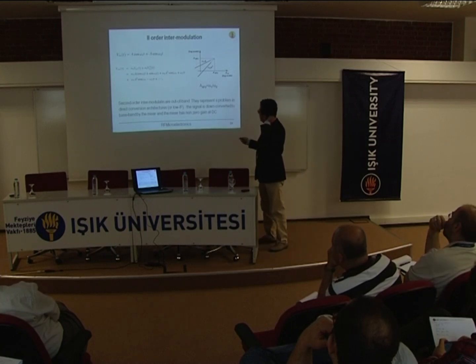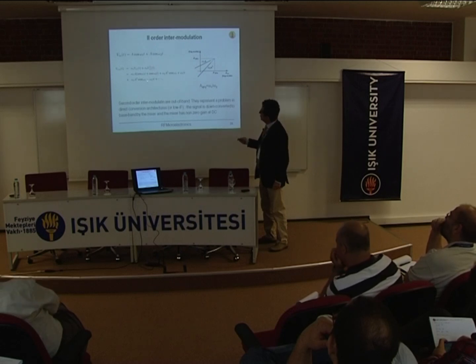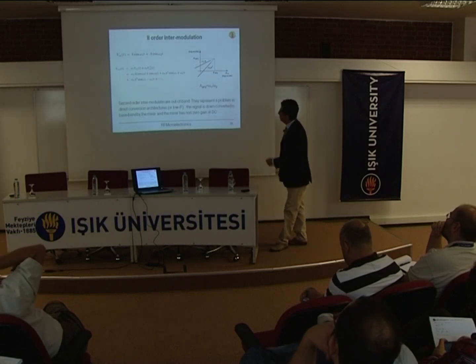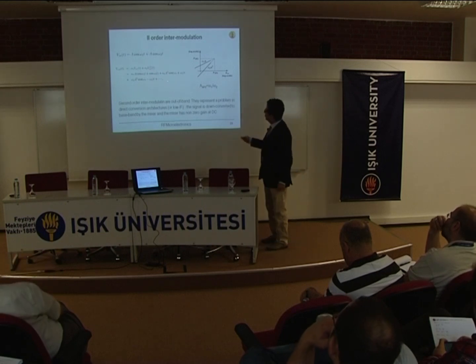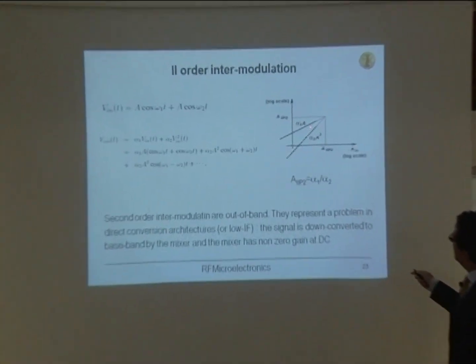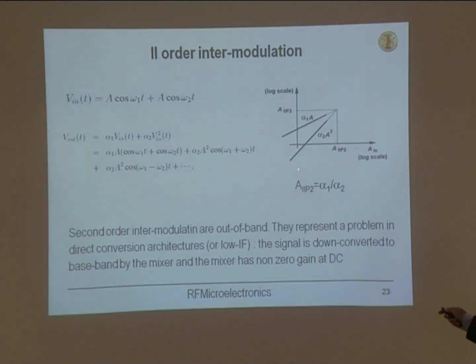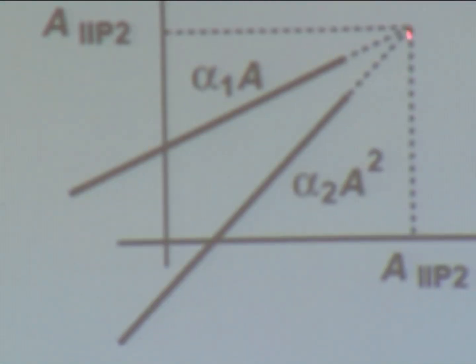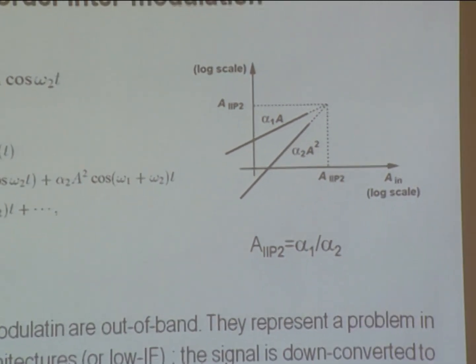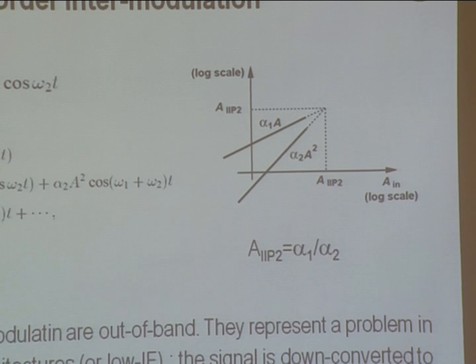Basically, due to the second order term, we have some components that grow proportional to omega 1 minus omega 2 or omega 1 plus omega 2, which is basically the same coefficient, and grow with the second order coefficient of A. So if we draw a plot in a log-log scale, we have the linear component and the second order intermodulation. They meet each other at a point where the corresponding amplitude is called IIP2.